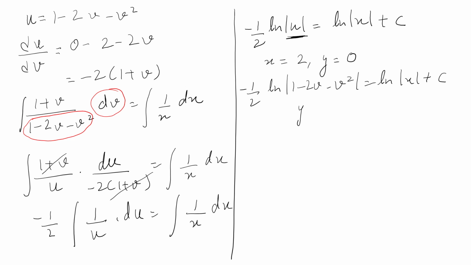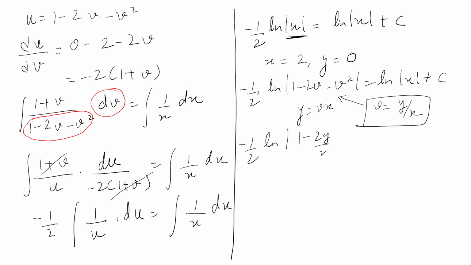Now my y was given to us as vx, so I can find my v value as y upon x. I have to substitute this v value into this, so I will get ln modulus 1 minus 2y by x minus y square by x square. My right hand side will be the same.